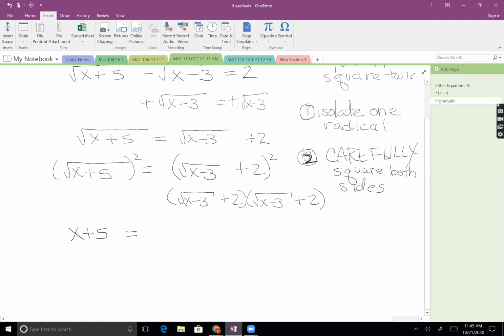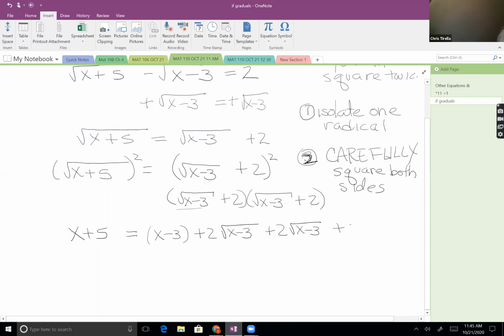Or, yeah, let's multiply it out. First, when I take the square root times itself, I just get what's underneath the radical. Outer, I get 2 times the radical. Inner, I'd also get 2 times the radical. And last, I'd get 2 times 2 or 4.